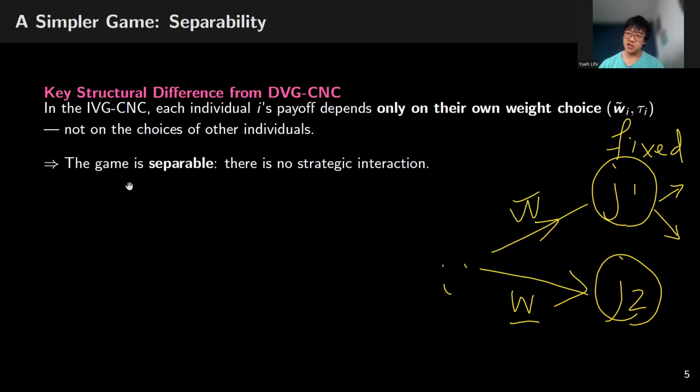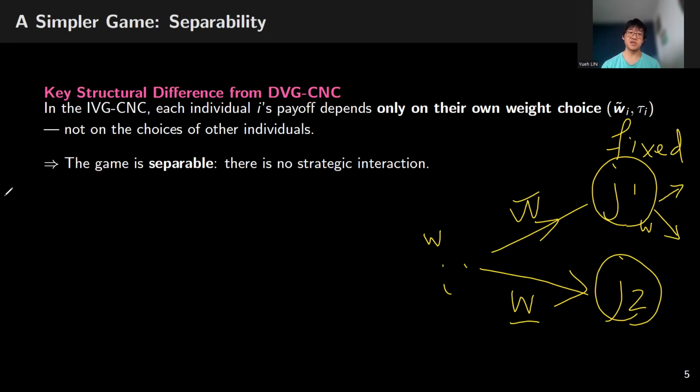So in this case, the strategic choice of I does not depend on the strategic choice of all the other individuals. In technical terms, the game is now separable. There's no strategic interaction between the individuals.